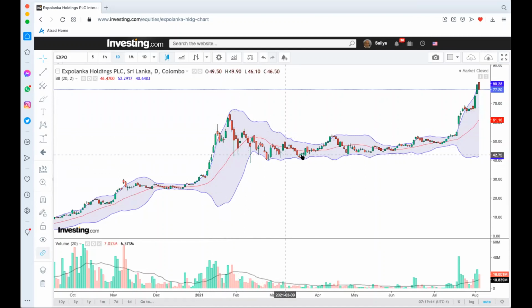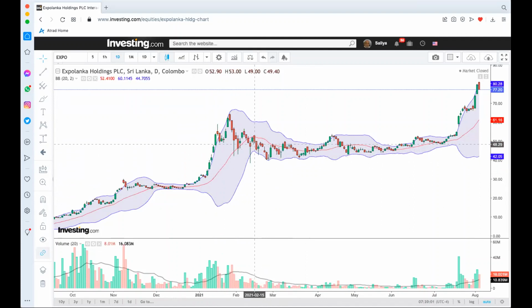The double bottom formation, you don't see that type of scenario here, but a double bottom interpretation is something similar to what we see here. There is a bottom here and there is a bottom here.